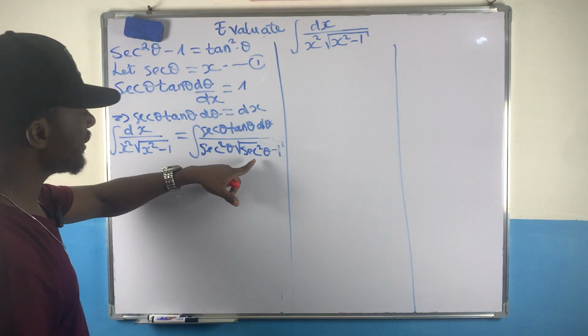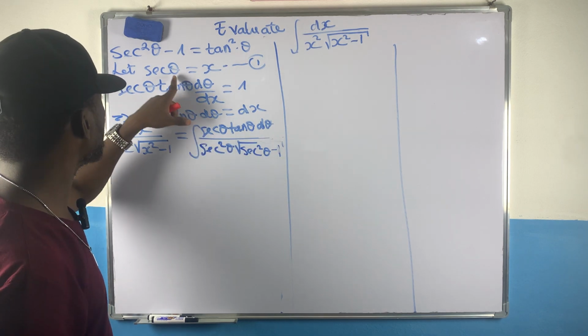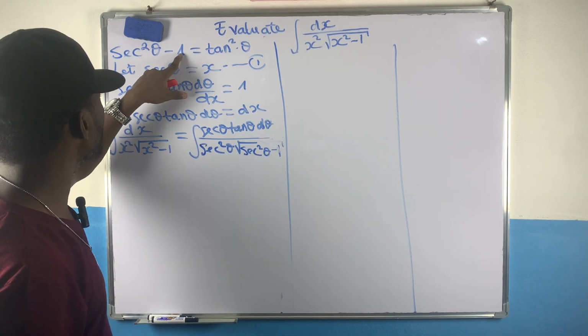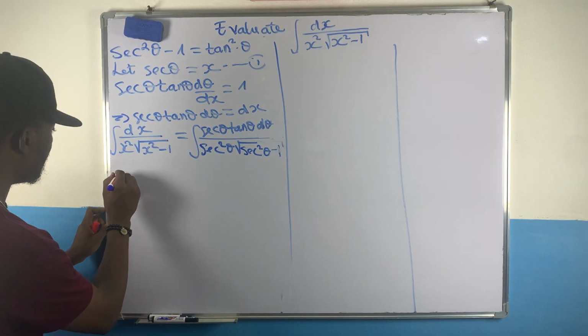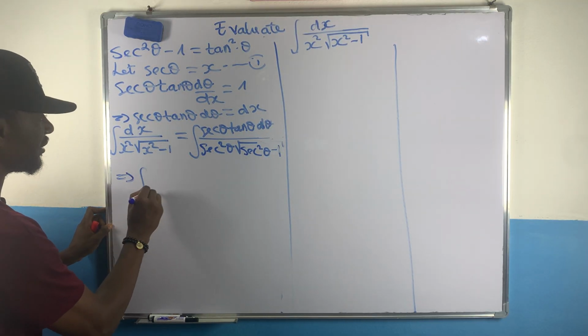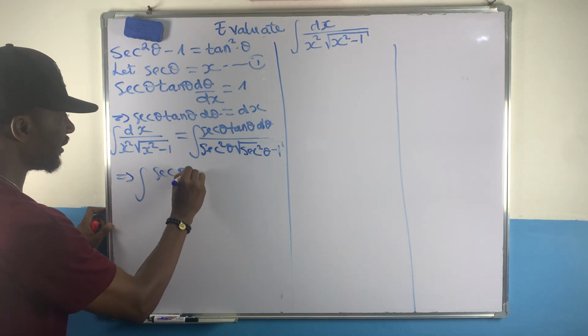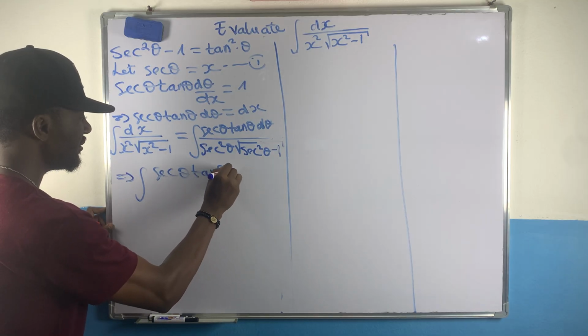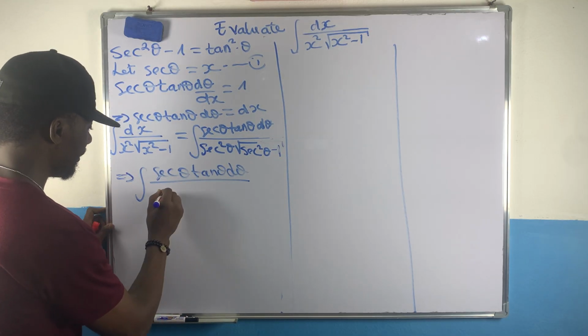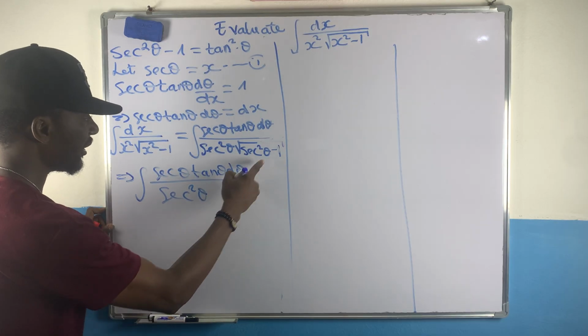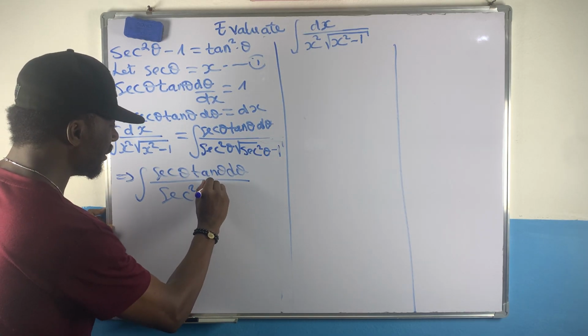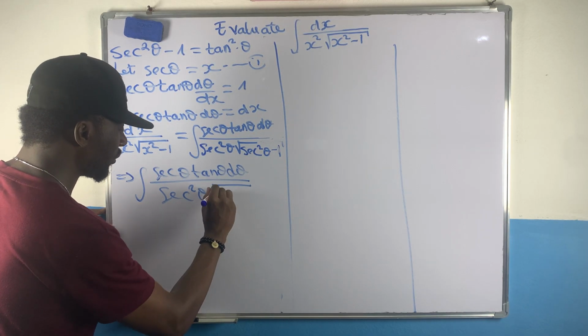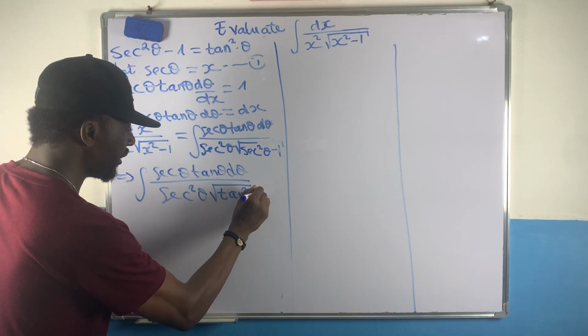Now we all realize that sec squared theta minus 1 is tan squared theta. So this integral becomes the integral of sec theta tan theta d theta on sec squared theta. The root of sec squared theta minus 1 becomes tan theta.